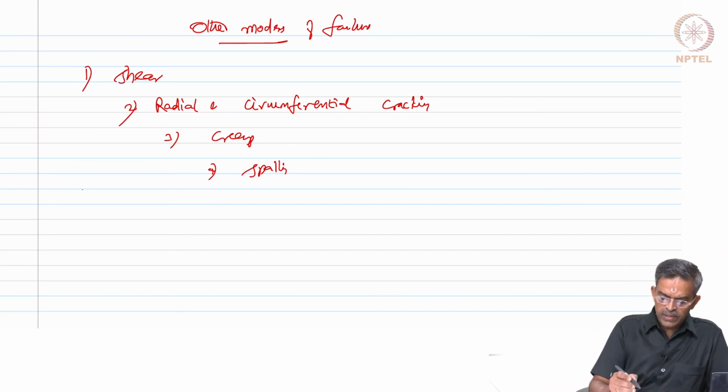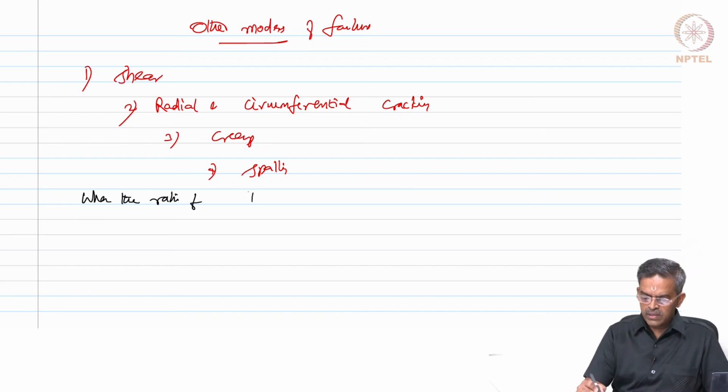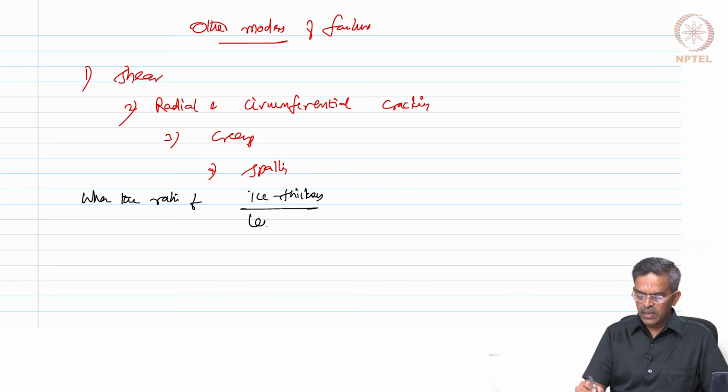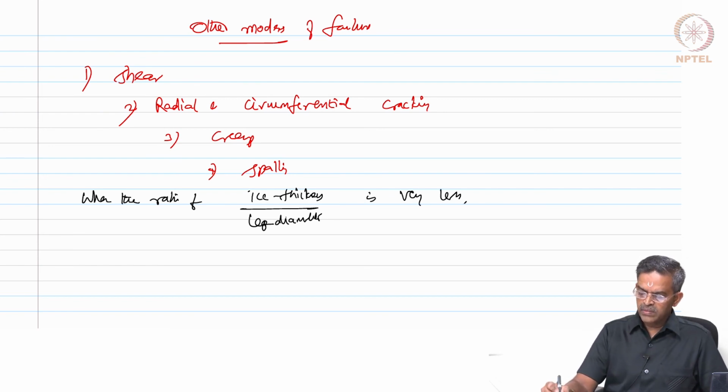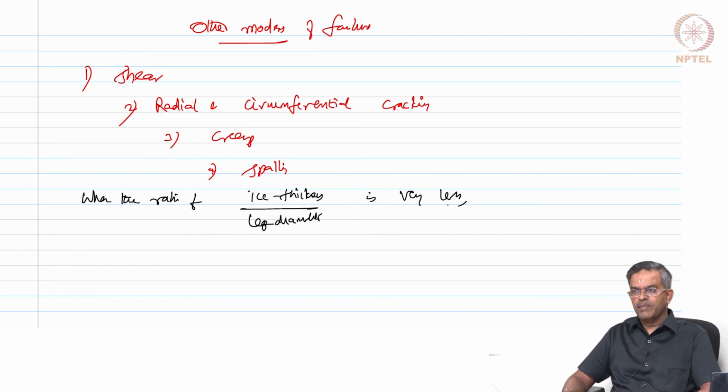Now, interestingly friends, consider the ratio of ice thickness to leg diameter of the structure being very less, that is, thickness of ice is very small compared to the leg diameter or the member diameter.